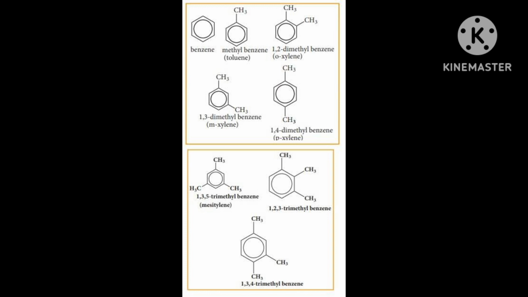The name for benzene as a substituent is phenyl. That time it is called phenyl. When benzene group is attached with alkane, then that benzene group will be named as a phenyl group.